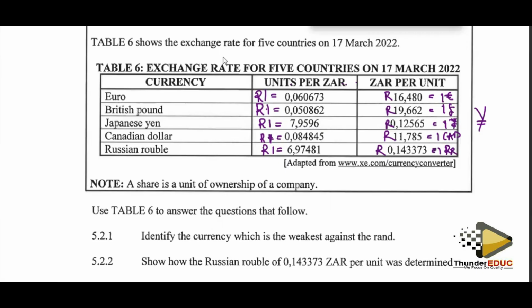So these values are for rands. This is 1 rand. You understand? In other words, these are euros, these are pounds, these are yens for only 1 rand, Canadian dollar for only 1 rand, and the Russian ruble for only 1 rand.